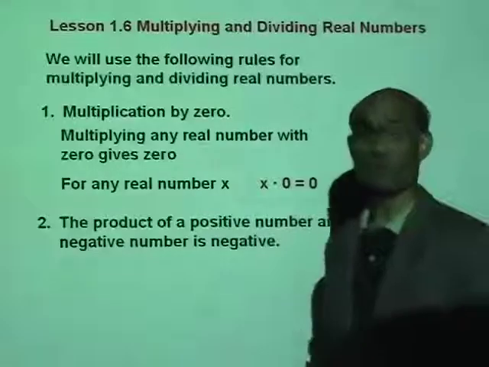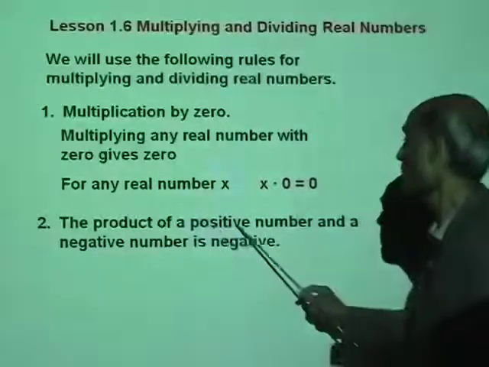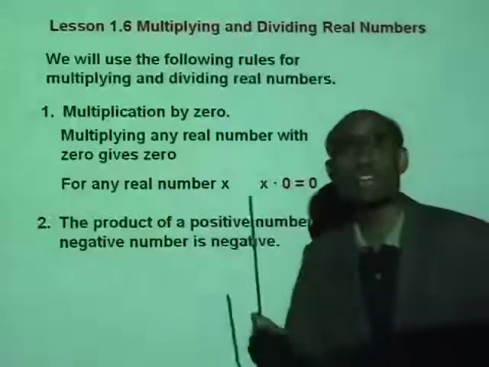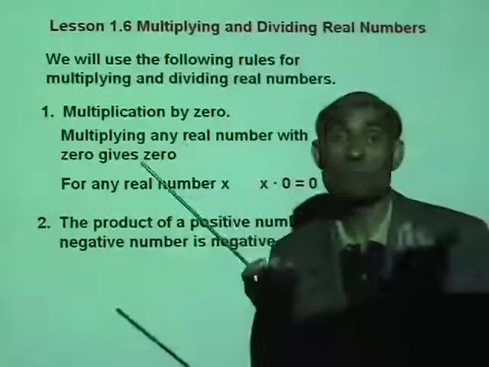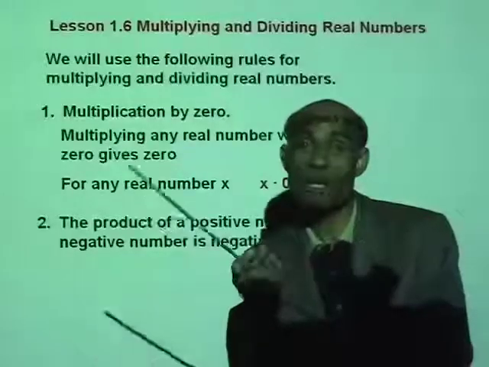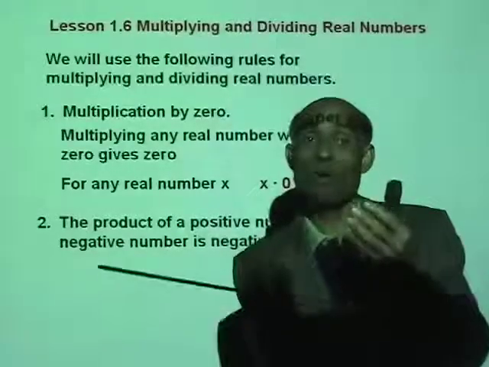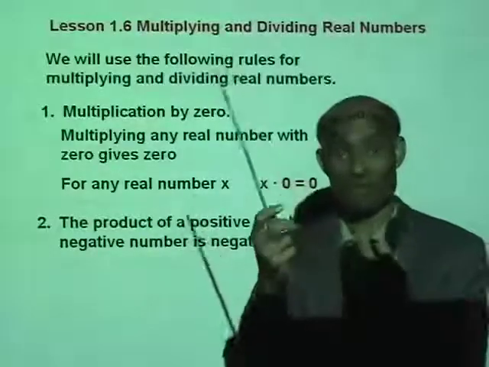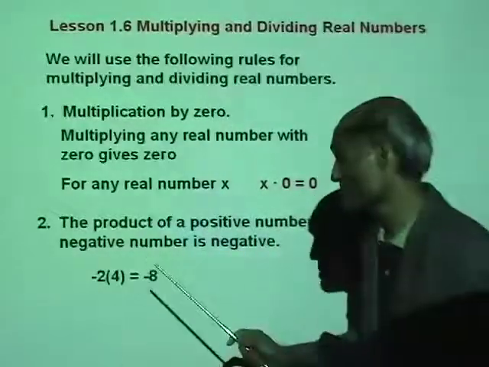Rule number 2. The product of a positive number and a negative number is negative. You multiply a positive number with a negative number, or a negative number with a positive number, the result will always be negative.